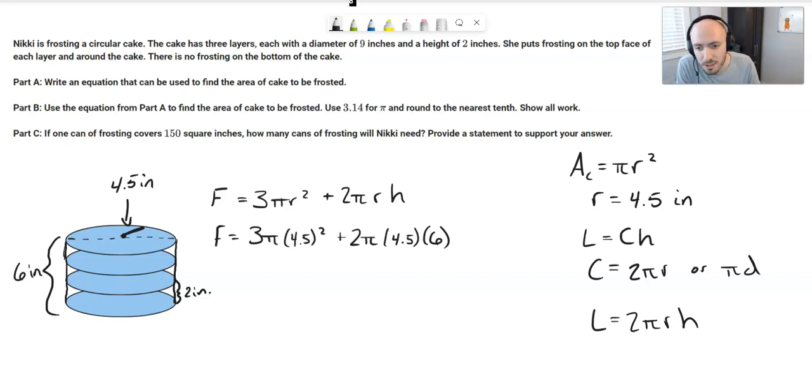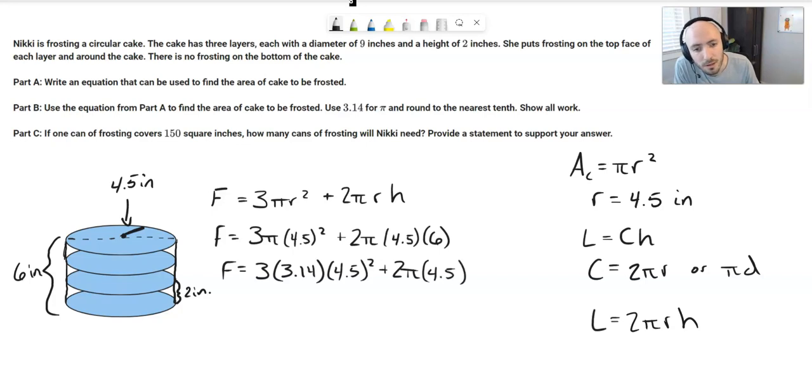I can punch all this into my calculator and get my answer. I'll substitute 3.14 for pi. So this will be 3 times 3.14 times 4.5 squared plus 2 pi times 4.5 times 6.